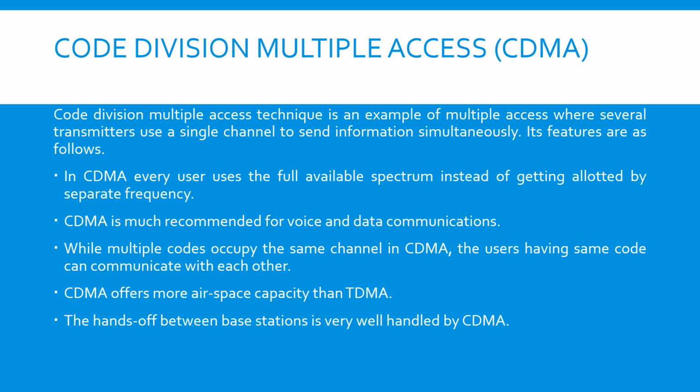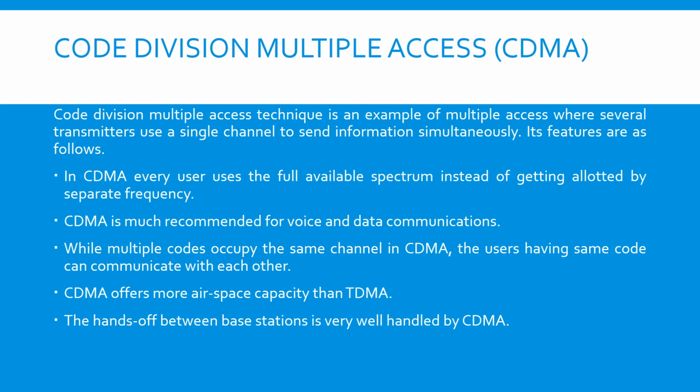While multiple codes occupy the same channel in CDMA, the users having the same code can communicate with each other. So there is a wide variety of frequencies, and a user occupies multiple frequencies at the same time, and the other user which occupies the same frequencies can communicate with the particular user. CDMA offers more airspace capacity than TDMA.